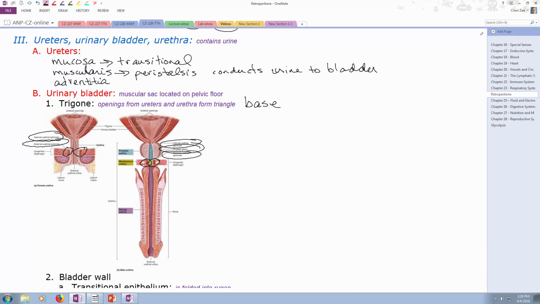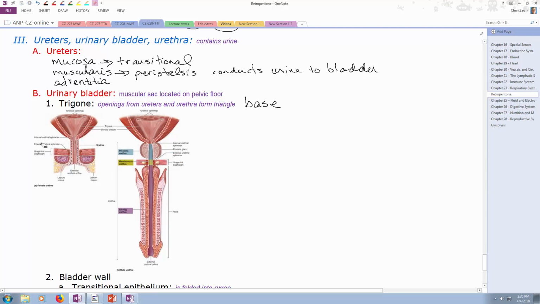Then we have the pelvic floor or urogenital diaphragm, and then we have the rest of the urethra, which is located within the spongy area of the male penis. So it is a little bit longer or further away, but it is still in the very same tissue that we actually saw with the female.